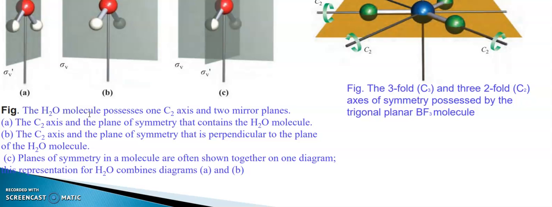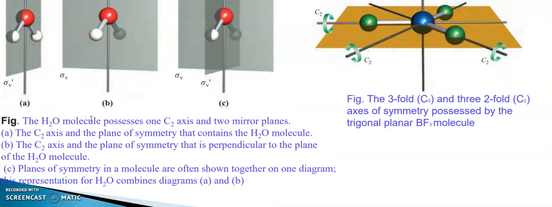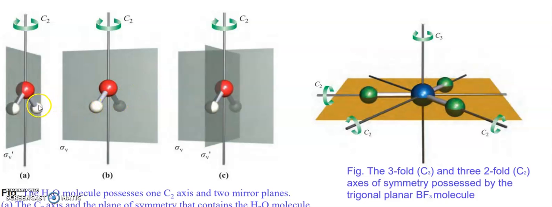This is represented for H2O in a combined diagram. So you can see here, this is the molecular plane, sigma v prime, and this is the other plane, sigma v. So this plane and this plane are different because this is the molecular plane, the molecule lies on this plane, and the other is perpendicular to the molecular plane. And both you can see here.